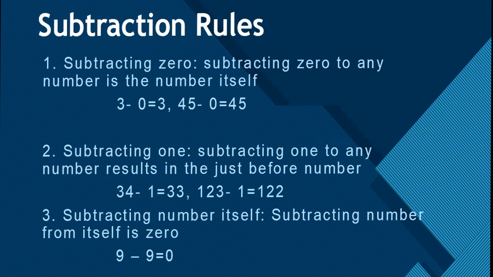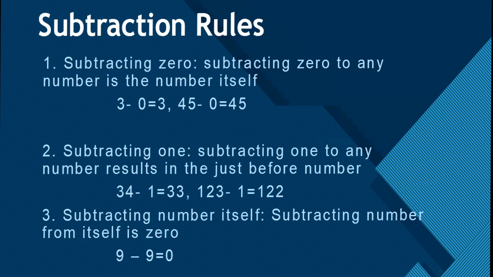Now similarly, with the example 123 minus 1, we are subtracting 1 from 123, then we get the answer 122. That is the number just before 123. If any doubt in this, please do comment. I'll try to answer your questions.